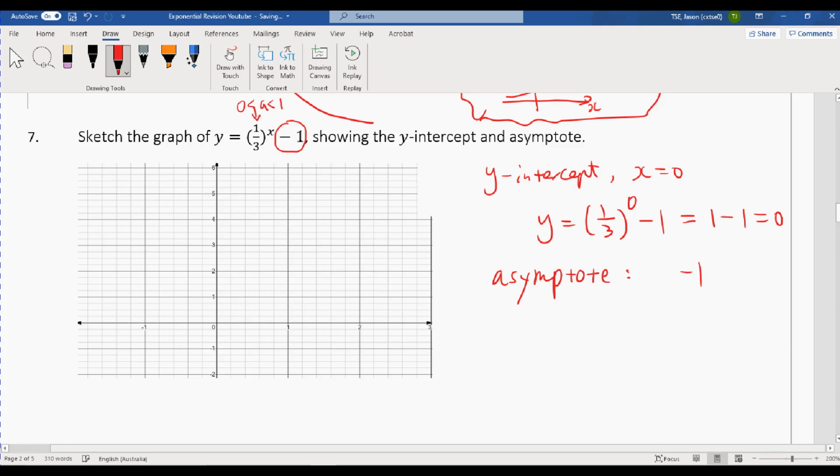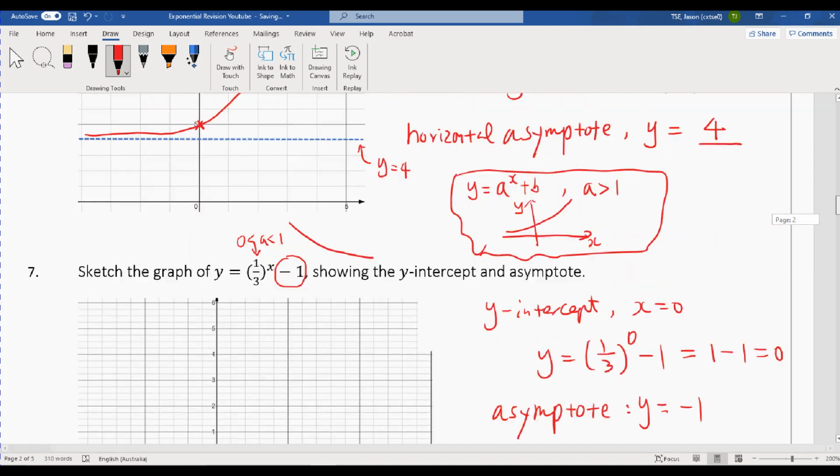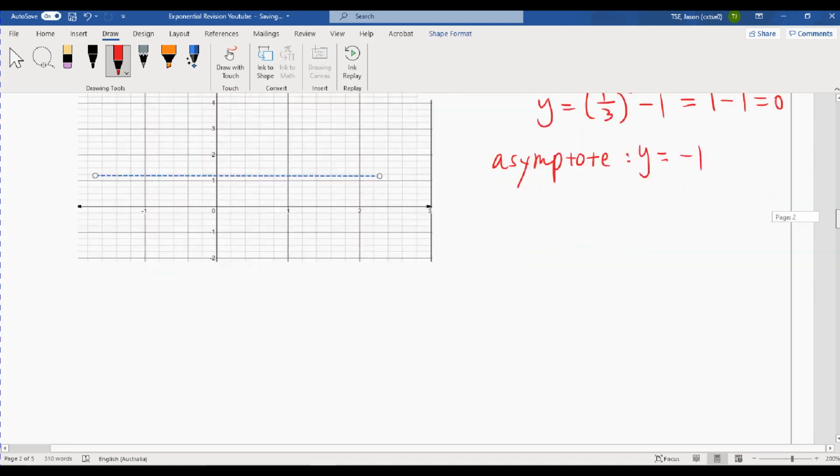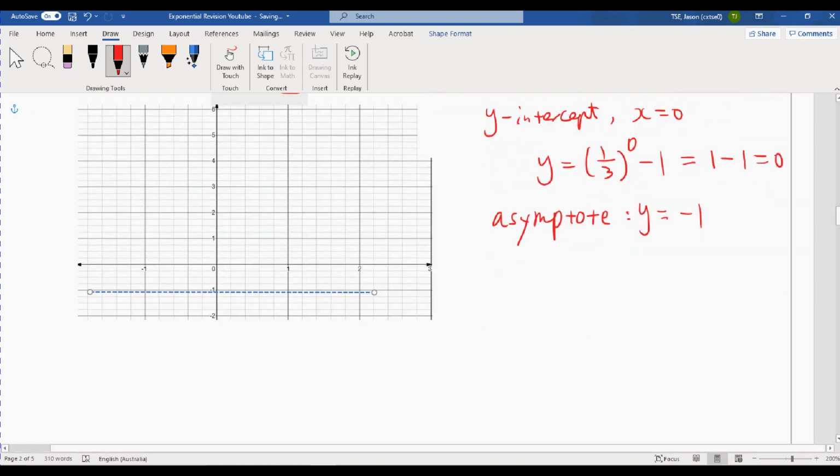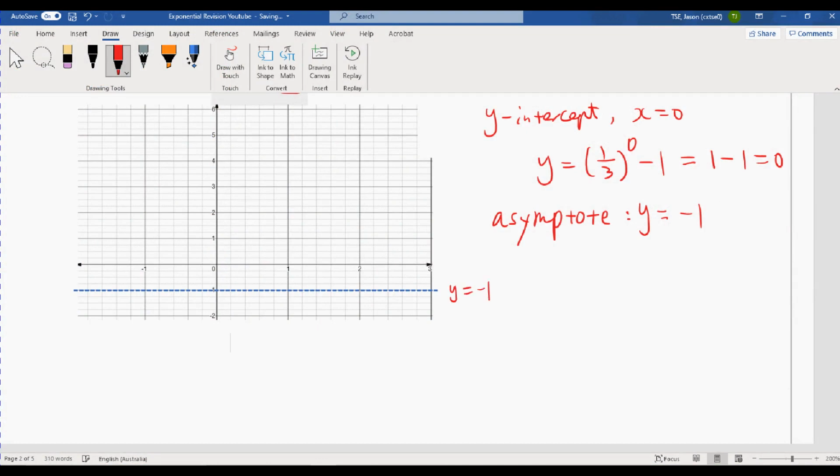So our asymptote is, can we just write -1? No, which is wrong. You have to write y equals -1. I might just use the line I used before. So I'm going to draw the asymptote first in this case. So this is our asymptote, y equals -1. And our y-intercept is x equals 0, y equals 0.